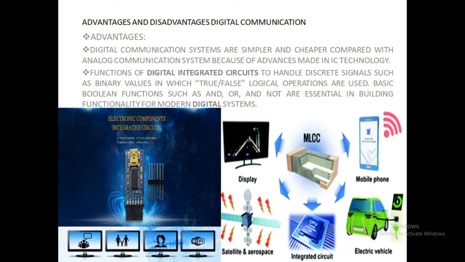The ICs require the data in digital format. So when we are transmitting the data in digital format, it requires the most adaptiveness of communication system, which is a digital communication system. Simply, we are adapting to the digital communication system in this way by using digital integrated circuits.